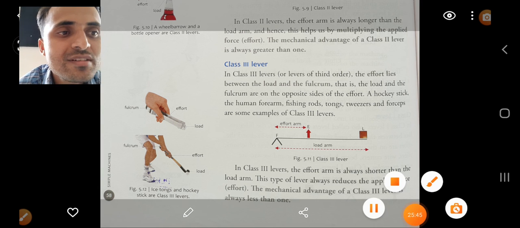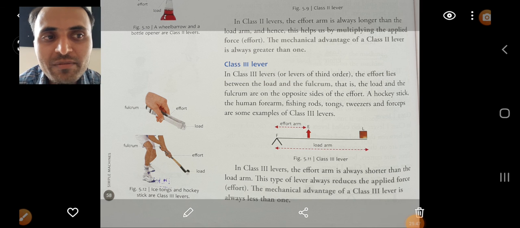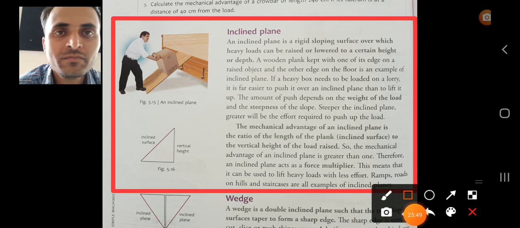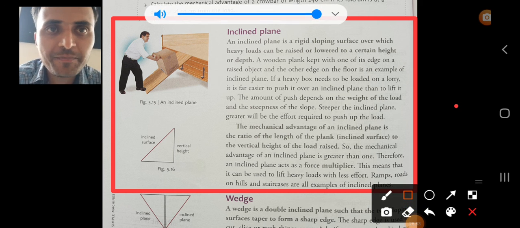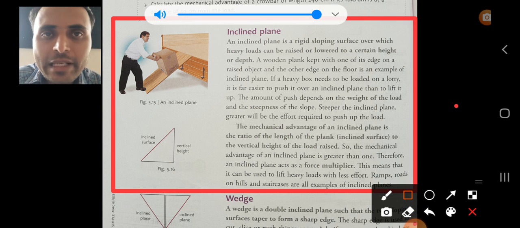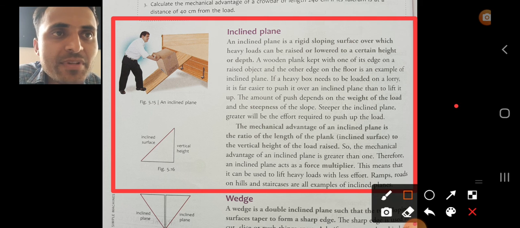Now move towards the second type of simple machine, and that is nothing but the inclined plane. Okay, so what do you mean by inclined plane? It is one type of simple machine, and the definition is given at the first point, which is shown in the square.